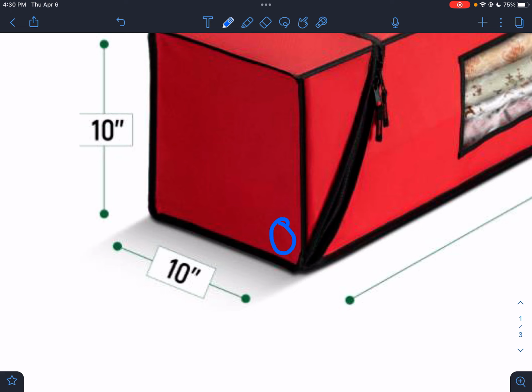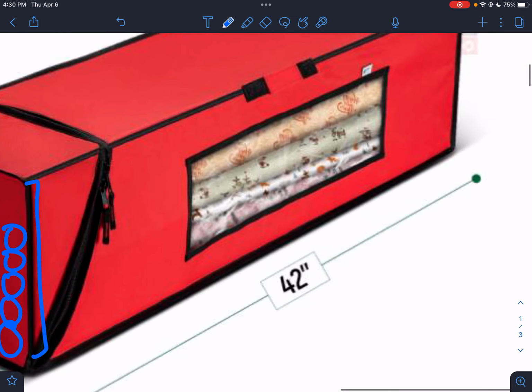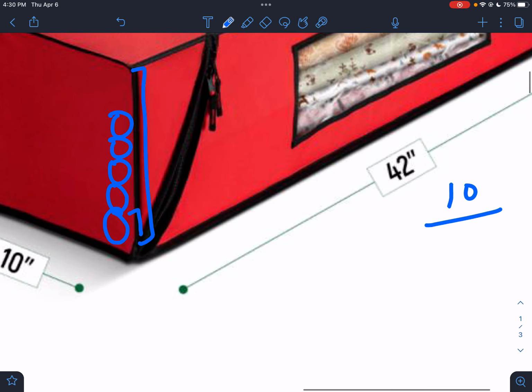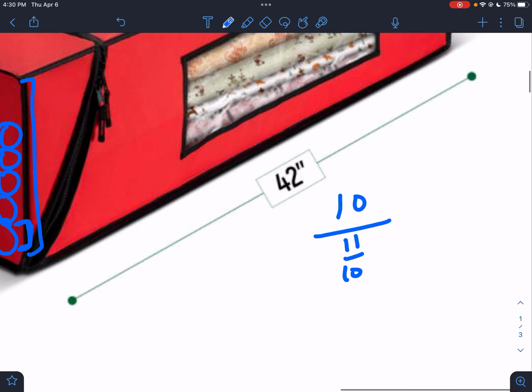So if we stack them, circle on top of circle on top of circle, how many could we fit in a 10-inch zone? So what we actually need to do is 10 inches divided by how tall is each circle? 11 over 10. So we're going to do times 10 over 11. That would be 100 over 11.